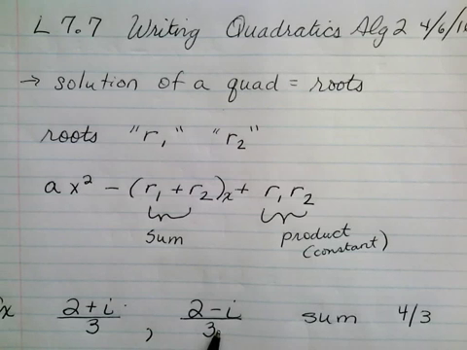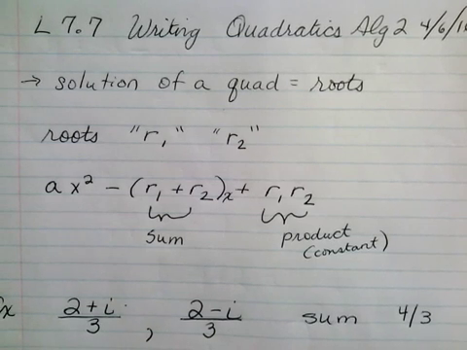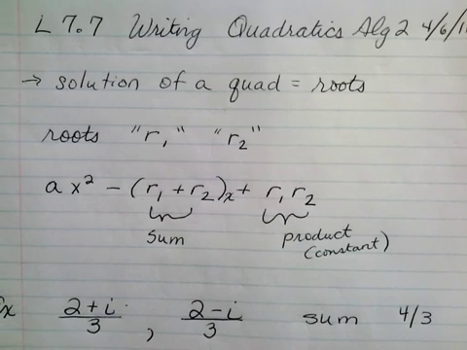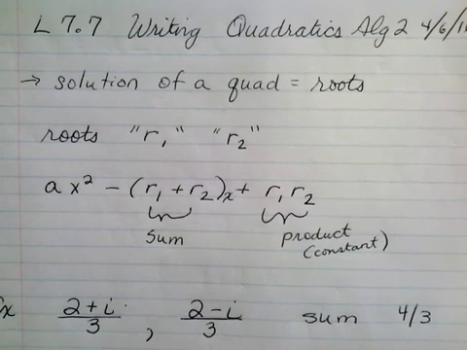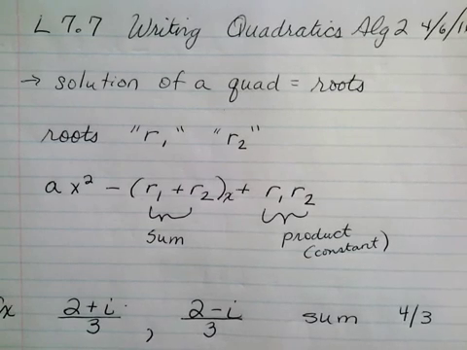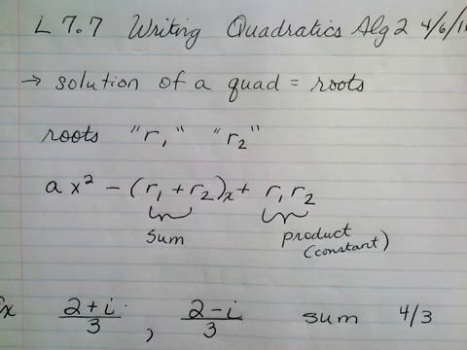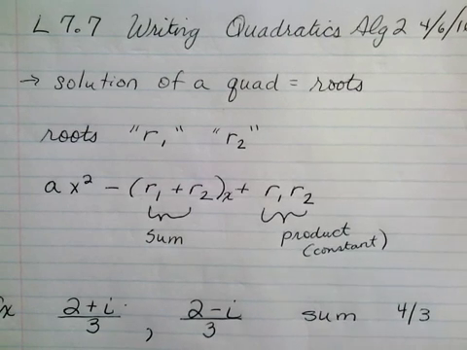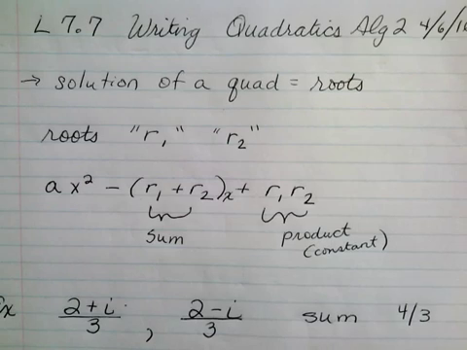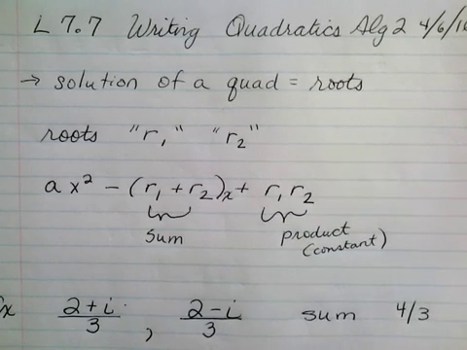The product: 2 plus i over 3 times 2 minus i over 3. You can FOIL this and you'll come up with 4 minus i squared. I don't know if you remember that i squared is negative 1.